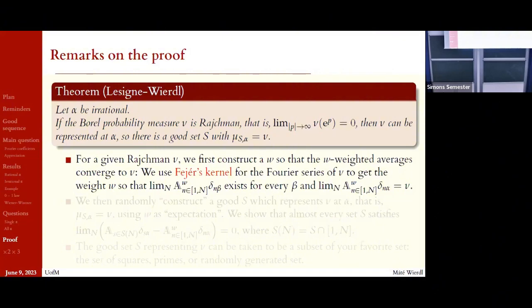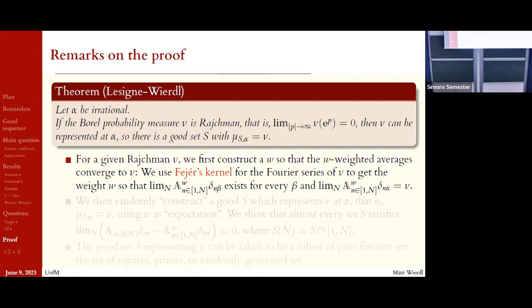So what we do first, for a given Reuchmann nu, is construct a weight W so that the W-weighted averages converge to nu. And how do we do that? Well, I think it's not a particularly simple argument, but the essence of this is that we use the Fejer kernel for the Fourier series of the measure, which is kind of strange.